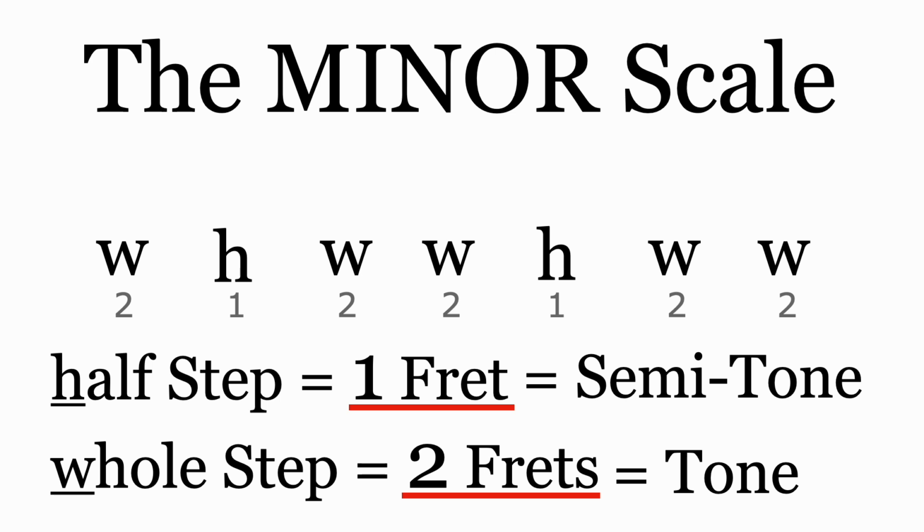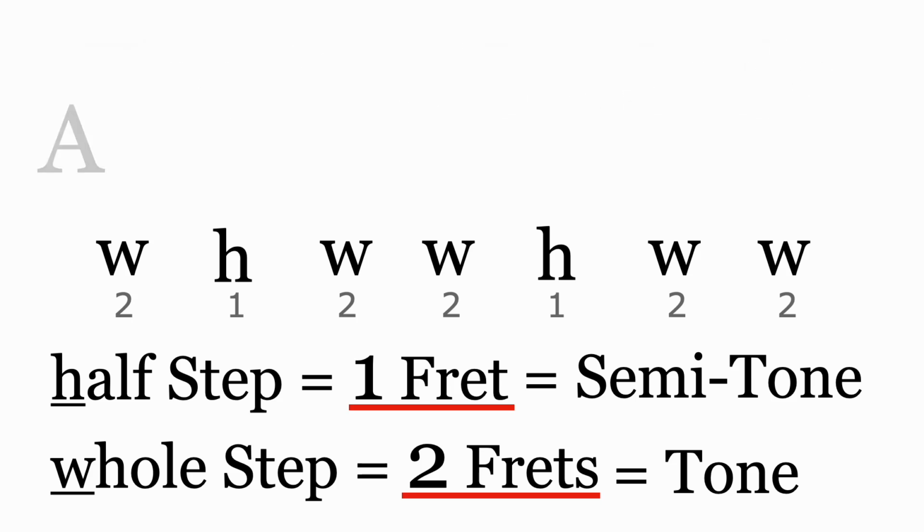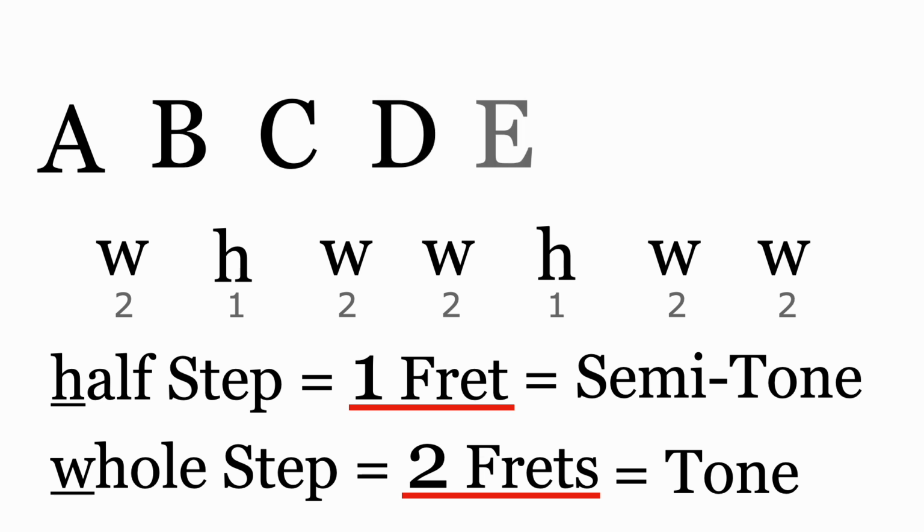But the first thing I want to do is verify and validate this pattern. And what I want to do in order to do that is look at our A minor scale. Now we all have heard plenty of times that C major has no sharps and has no flats. And we looked at that and proved that in our previous video for the major scale. And we know that A minor is the relative minor to C major.